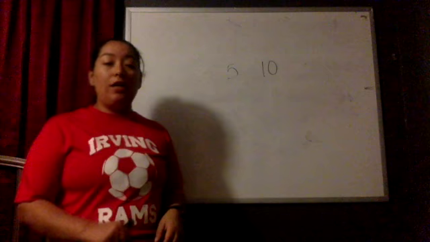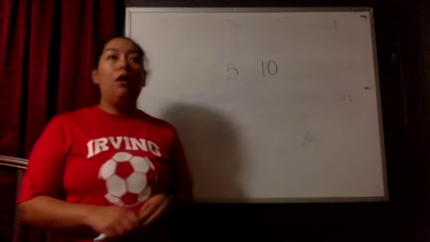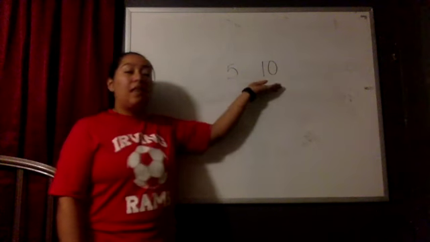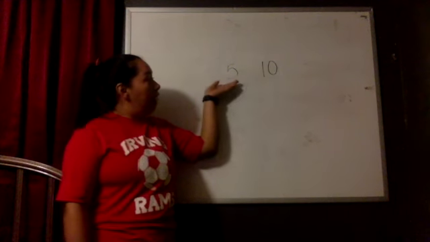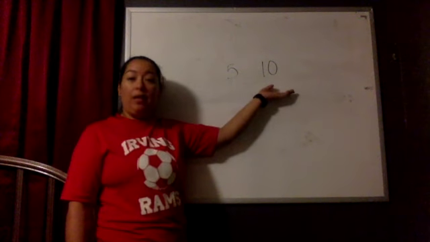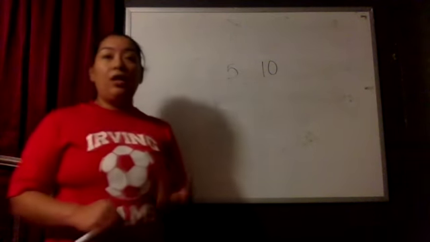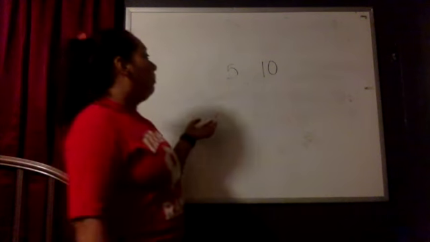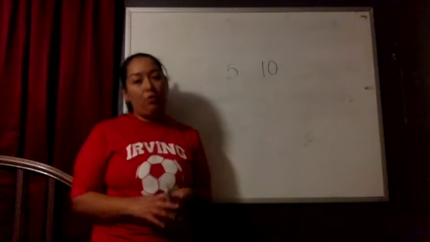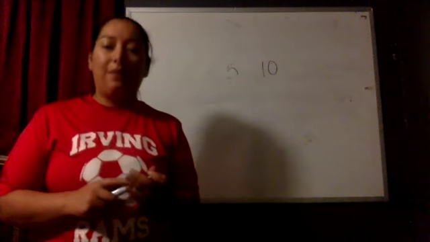For the part-to-whole ratio, we would have 5 girls to 10 classmates, 5 being the part, 10 being the whole. And a ratio as a quotient would be 5 balls to $10. That would mean that each ball is $2, right? Yes, good job.